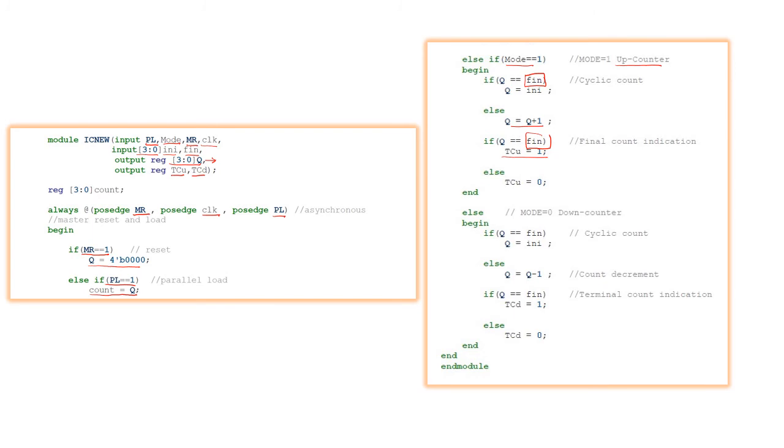In the other case, when mode is equal to 0, it acts as a down counter. We decrement the count until we reach the final value, and whenever the final value is reached, the terminal count down, TCD, is made 1 since it is a down counter.